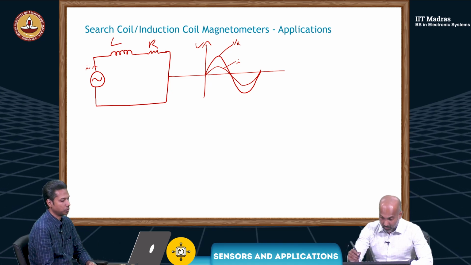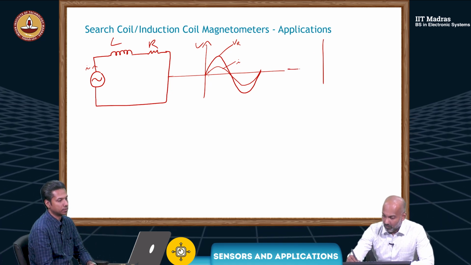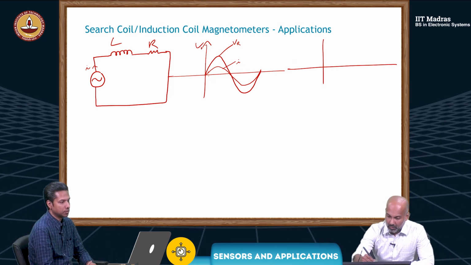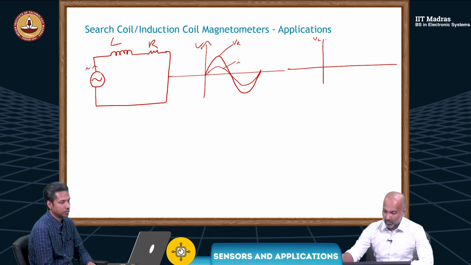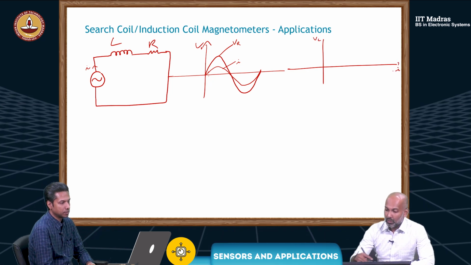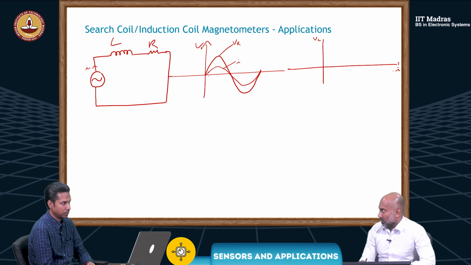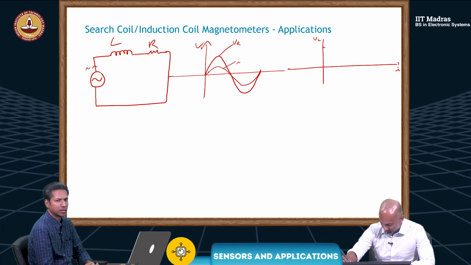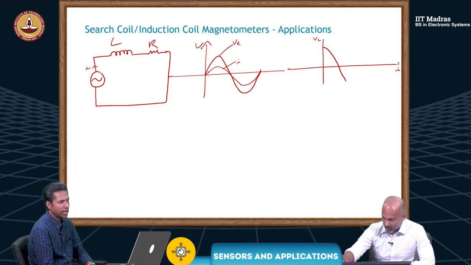Now, what happens if you look at the voltage of the inductor? Will it follow the same thing? I think V is equal to L di by dt.